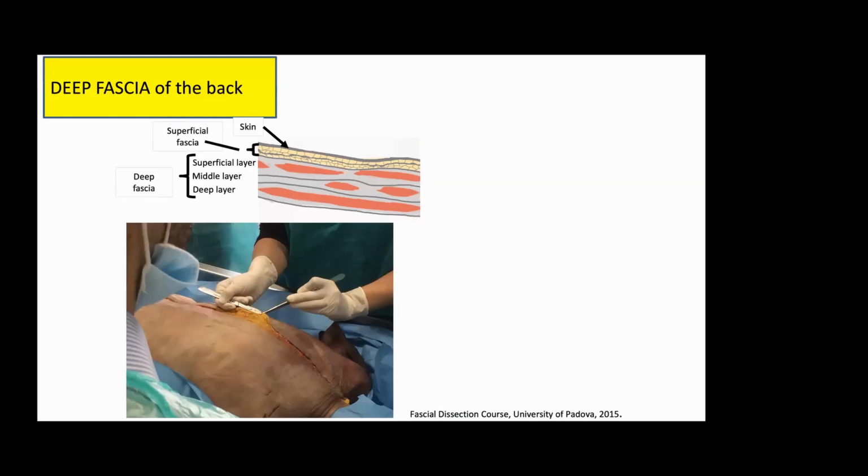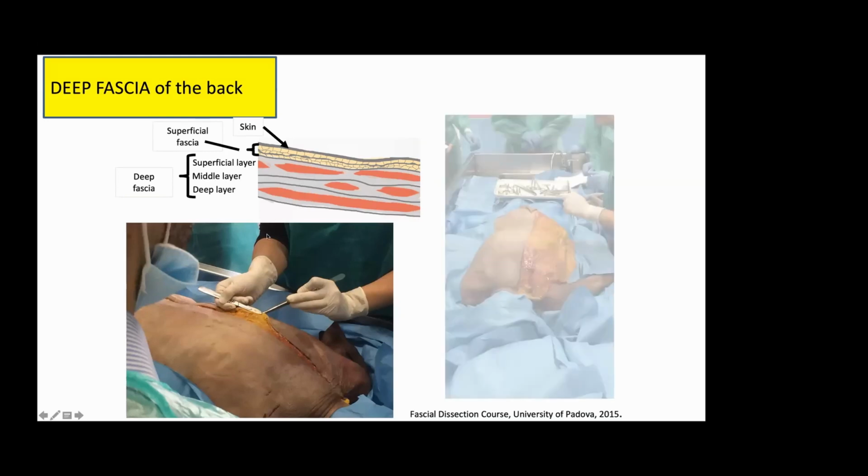And the muscles are divided like in pockets, or envelopes. We are having an envelope for the erector spinae, an envelope for the rhomboids, for the trapezius, and also for the latissimus dorsi, and an envelope for the glutes. So everything is covered with this fascial layer.